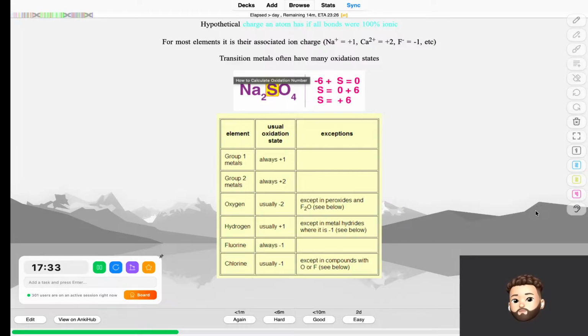So I'm trying to figure out where they got -6 from. If we have Na is going to be +1, then the O4 is going to be -2. So, oh, I guess I see that then. Yeah, I see it. Okay.